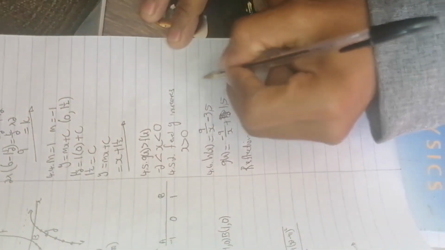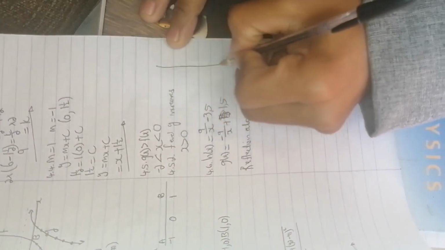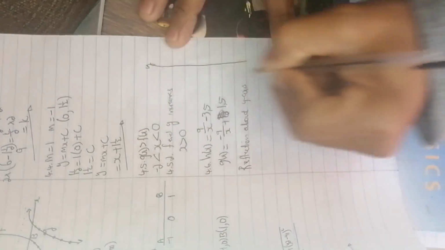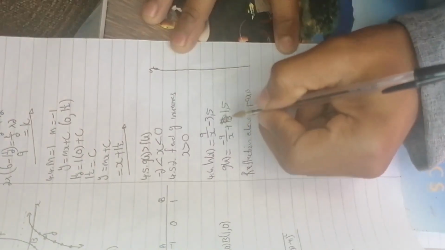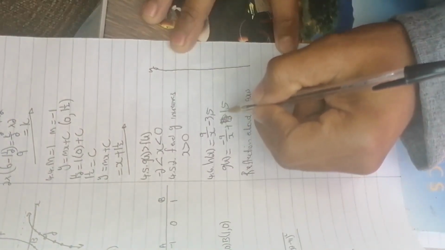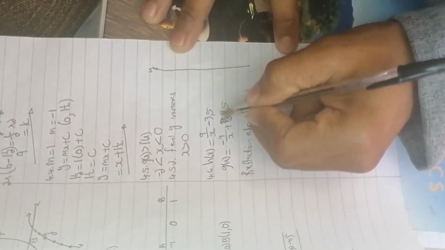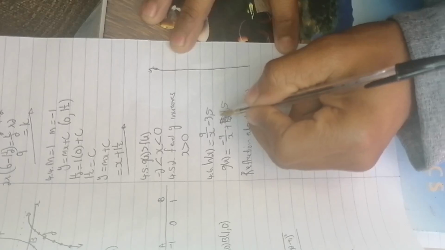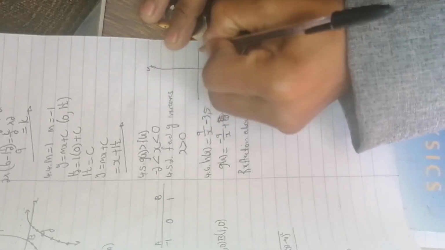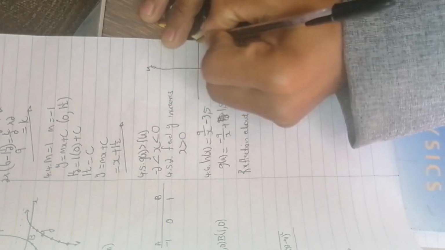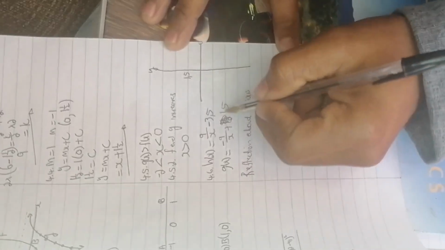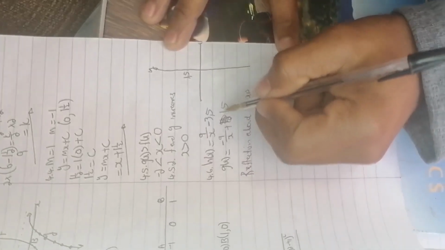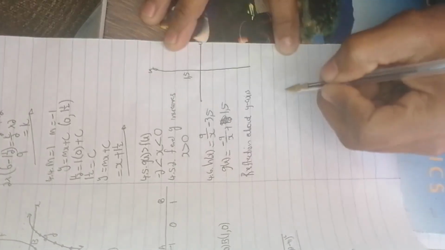So I'm going to do this. I'm going to write my y-axis there, and I'm going to place my 1.5. Where is this 1.5? Let's say this is 0, and let's say this is my 1.5 because it's positive and it is the value of 1, and there it is.